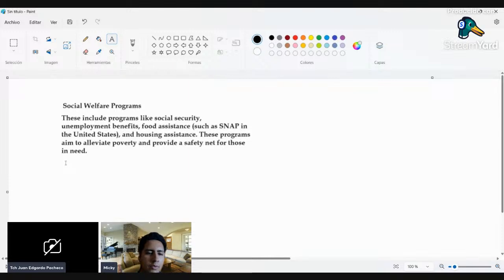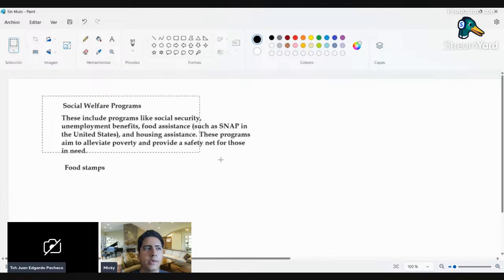These programs aim to alleviate poverty and provide a safety net for those in need. In addition to this, really quick, in parentheses, there is also what the program called food stamps, which are like tickets to get a ration of food for the day. What do you think of these type of programs, Mickey, in general?